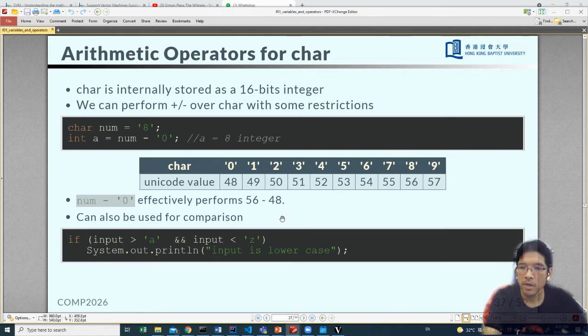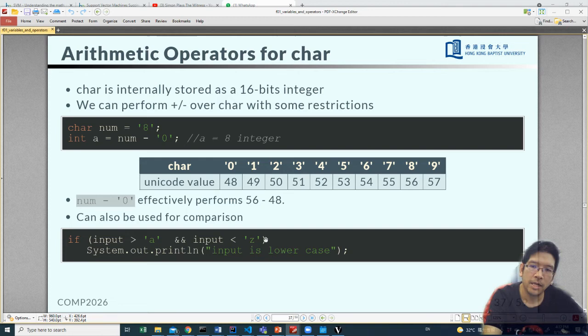We can also use larger than or smaller than, the relational operators, for characters. For instance, input larger than 'a' and input smaller than 'z'.